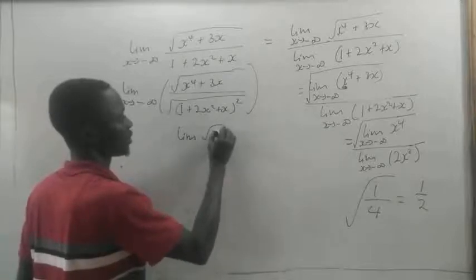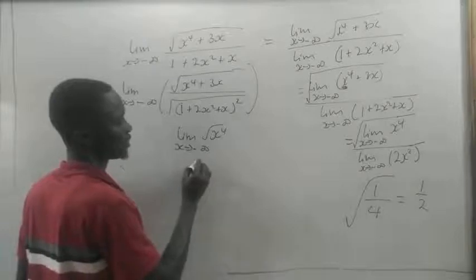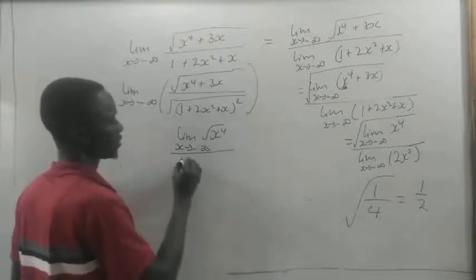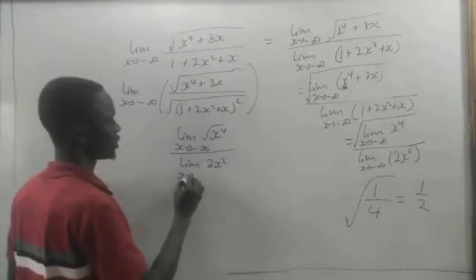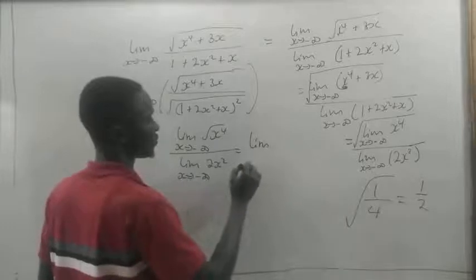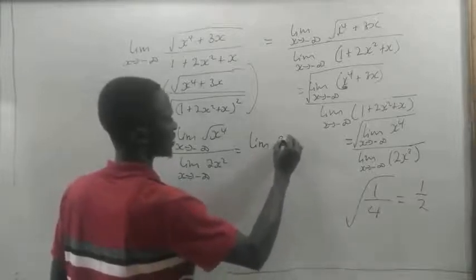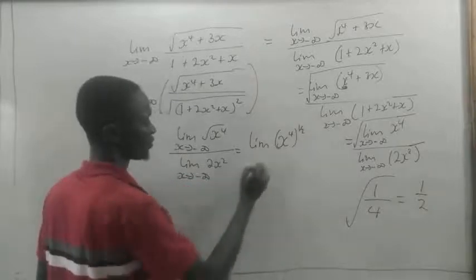The square root of x to the power 4 as x approaches negative infinity divided by the limit of 2x squared as x approaches negative infinity, the same as the limit of x to the power 4 to the power half.